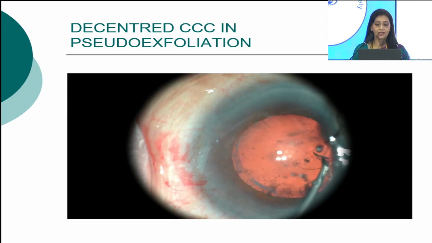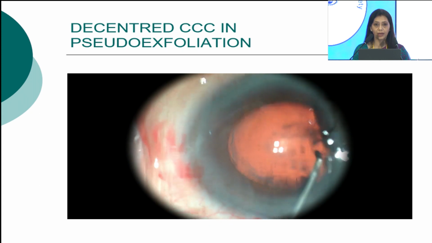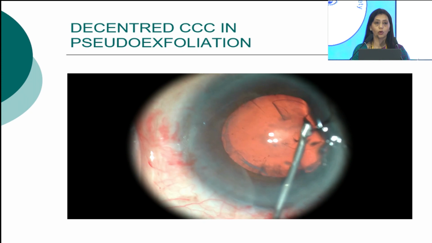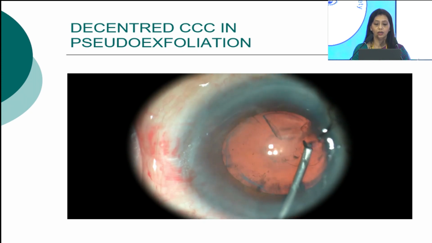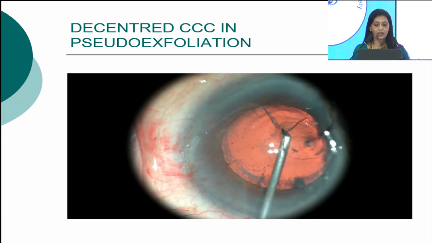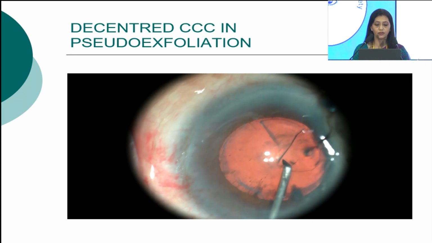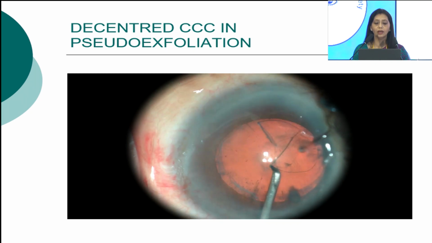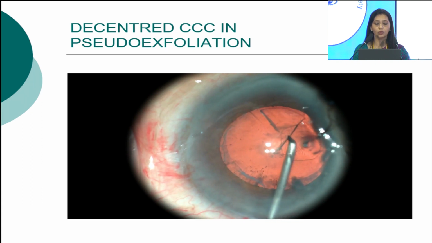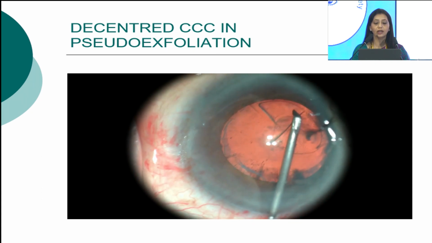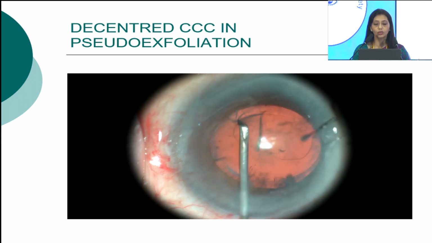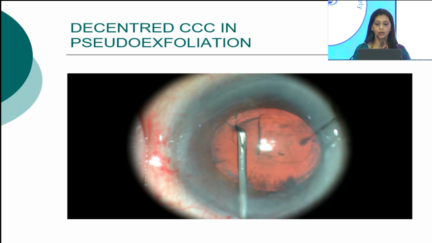Since it did not start from the center, we can expect that at the completion, this rhexis would most probably not remain central. So as soon as we realize that we did not start the rhexis from the central point, we can come back to the center, give a nick, and make an effort to get it back to the center, so that even though we started paracentral, we can again go to the center and end up having a central rhexis.